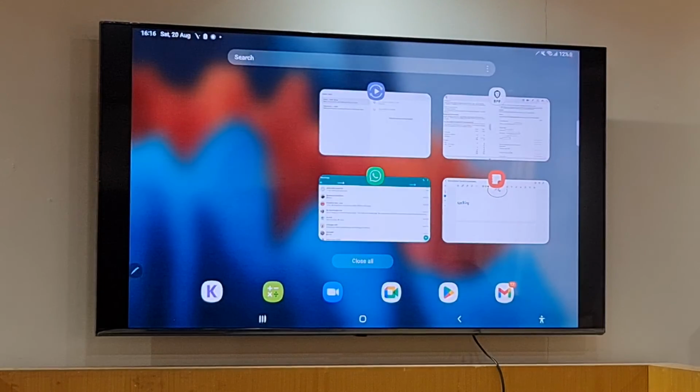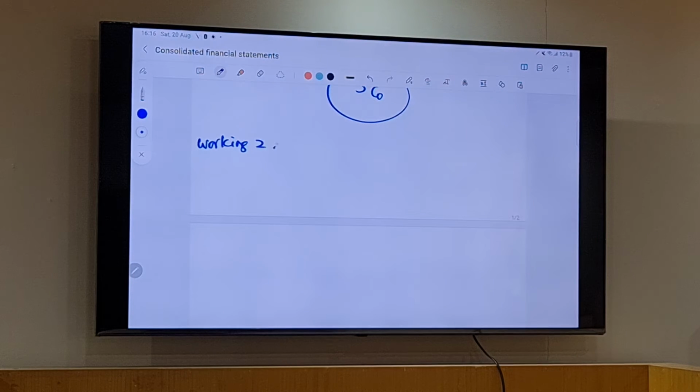Now we work out the calculation of goodwill.